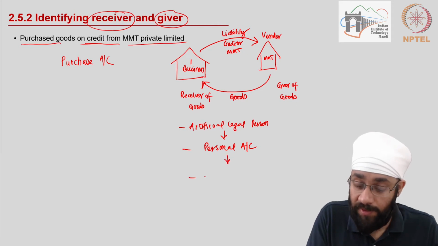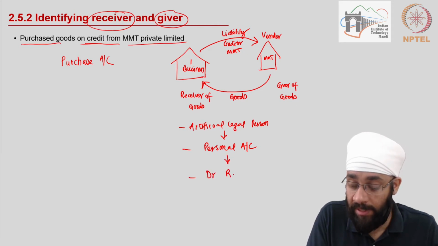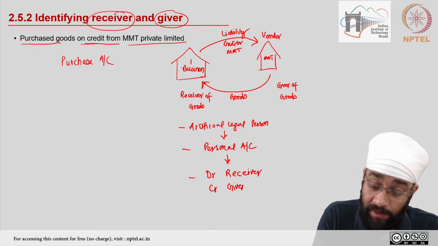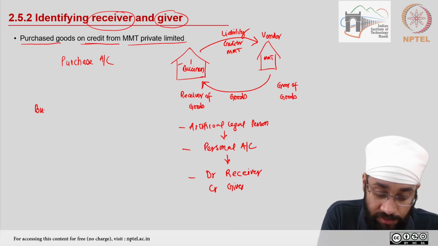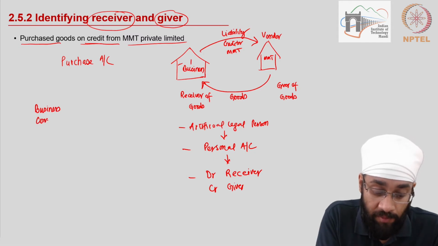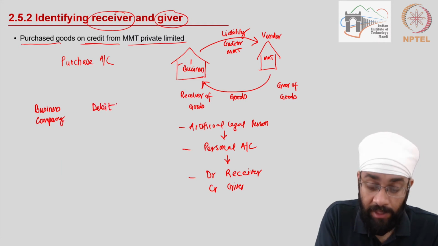And the rule for personal account is debit the receiver and credit the giver. That is the rule, which means the receiver is the business. So we're going to say our company should write a debit.